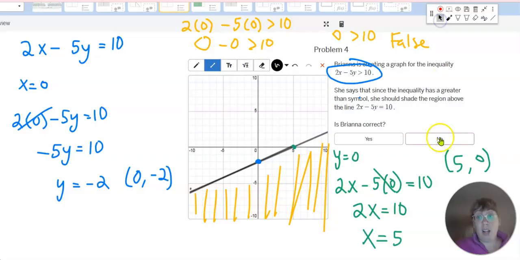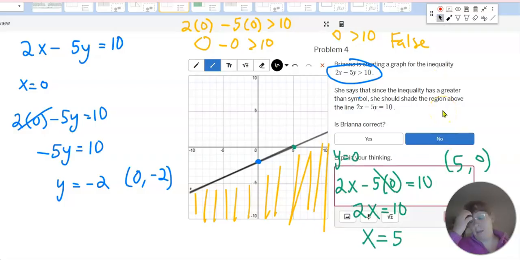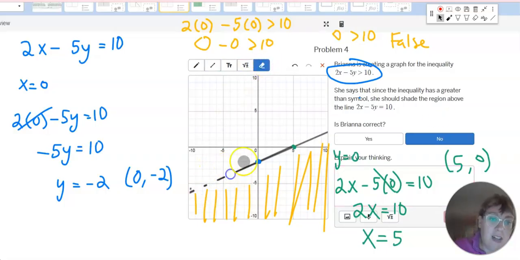So Brianna is not correct. We're actually shading below the line, even though we had that greater than symbol. And this would also be a dashed line, so I can put little dashes in like so, because it's just greater than. Beautiful. And when you're all set, you got everything you need here, push ahead to the next slide.